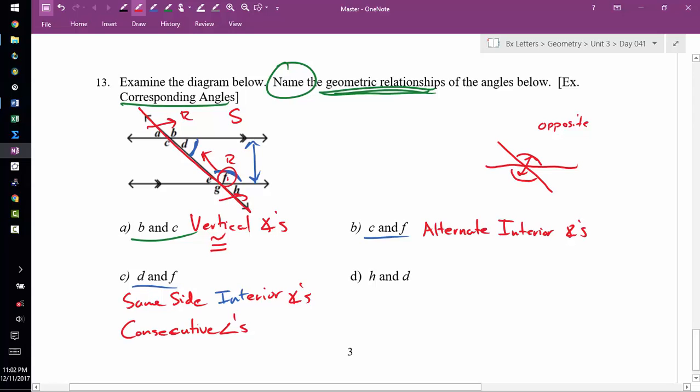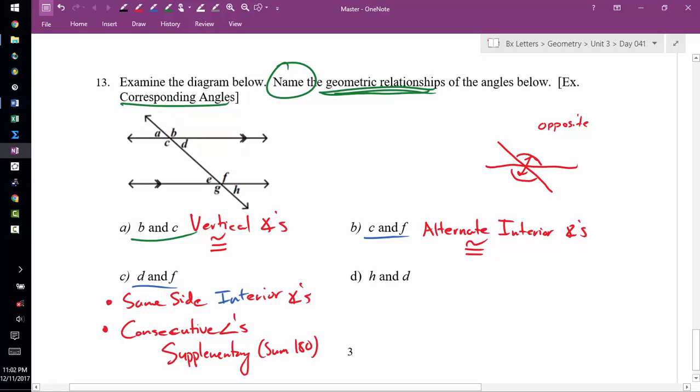And these angles are supplementary. All right. They sum to 180. Alternate interior, I know I didn't mention it, they'll always be congruent. So either one of these is acceptable. You say that on a region, they'll know what you're talking about.